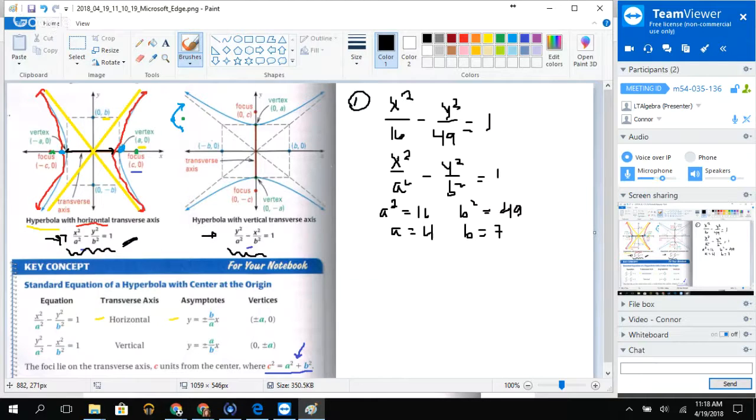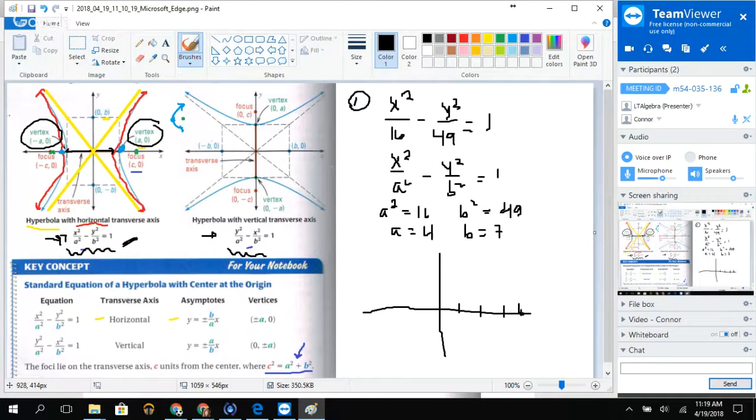So now if I actually wanted to graph it, I could graph it just based off of a couple of pieces of information. My vertices are at (a, 0) and (negative a, 0). So 1, 2, 3, 4.